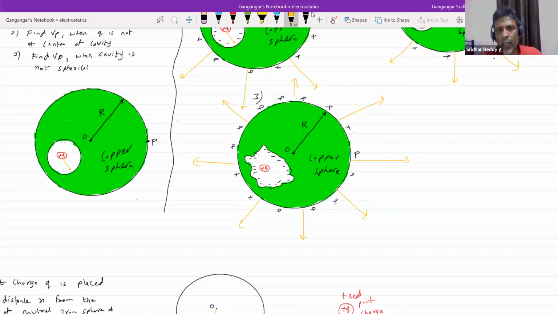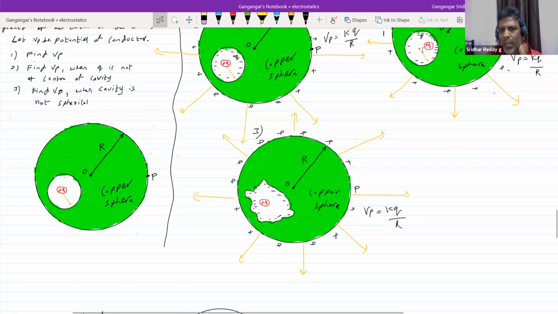So what is the potential at point P? Again, it is equal to KQ by R. Potential due to the second case: again, it's how the outer surface will behave.